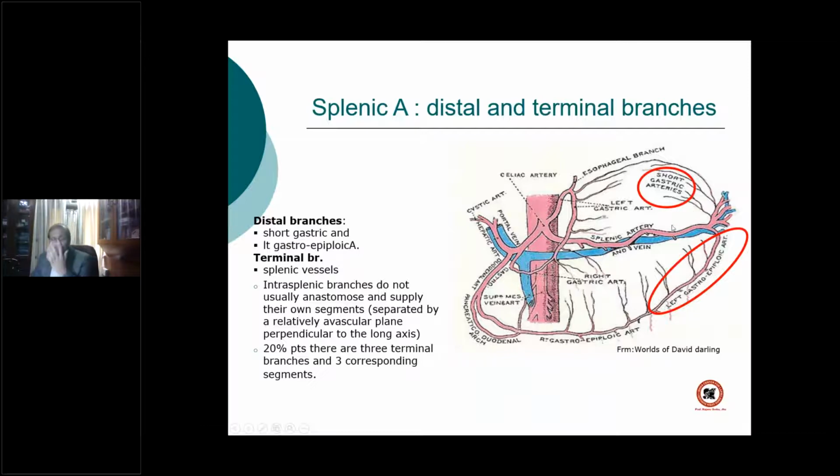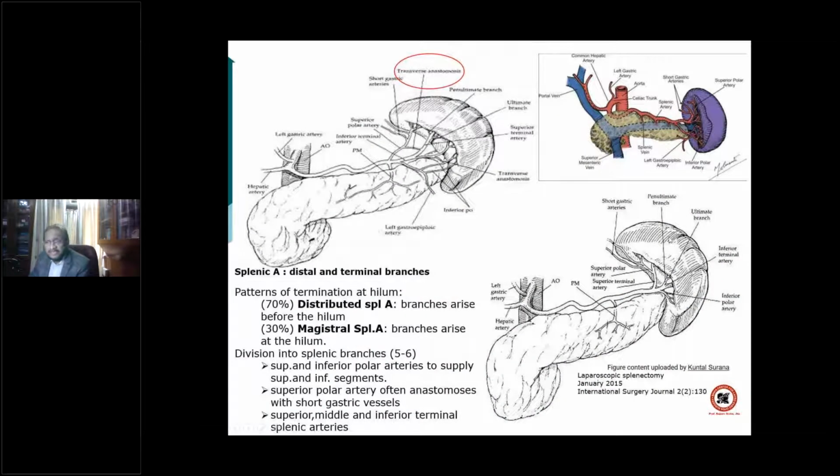And I told you that the intrasplenic branches do not communicate with each other. So there is a relatively avascular plane perpendicular to the long axis of the spleen. What I'm trying to say is that when these are supplying the spleen, there are areas which may be clearly demarcated, and there is no anastomosis between these areas.